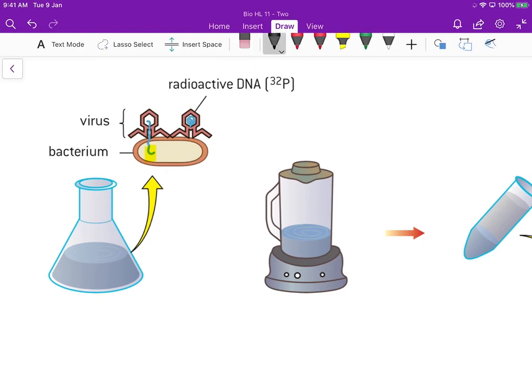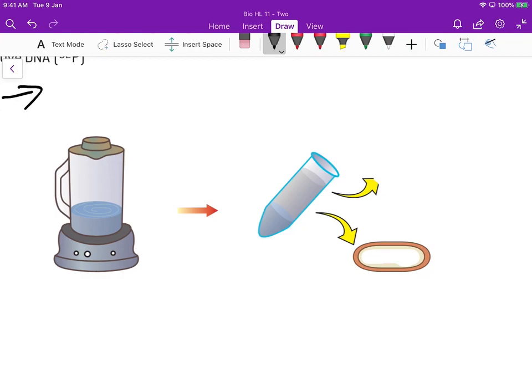This would then dislodge the bacteriophage off the surface. And after blending, and then separating, what they would have is that the coats up here would not be labelled. There was no labelling of the coats.